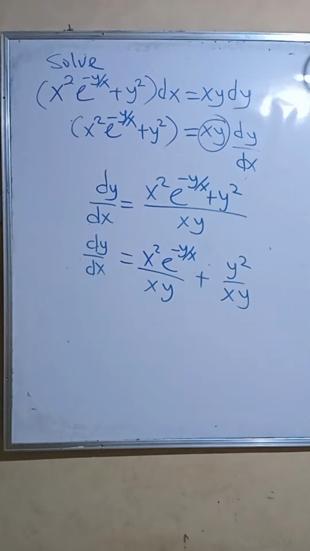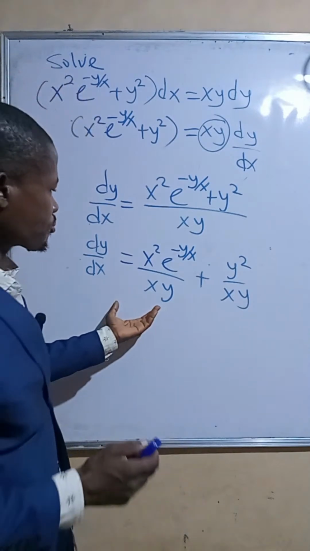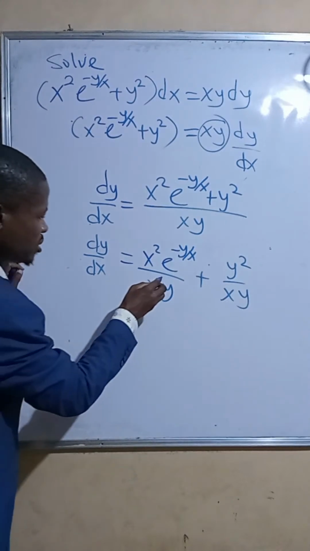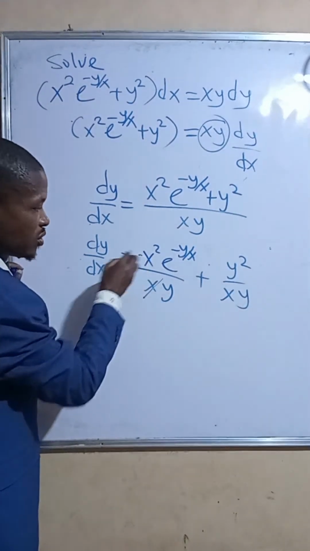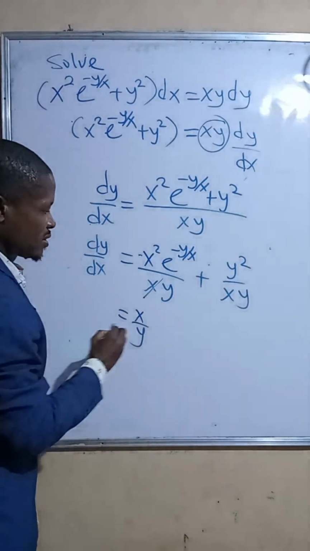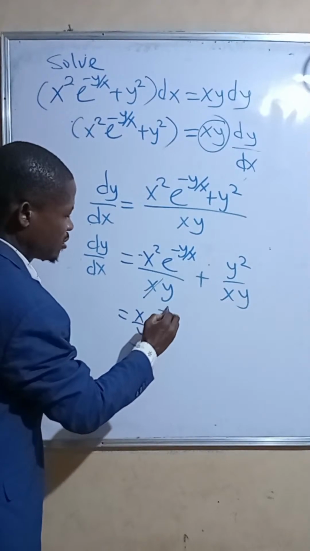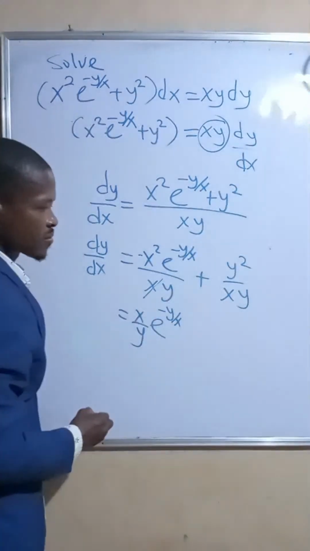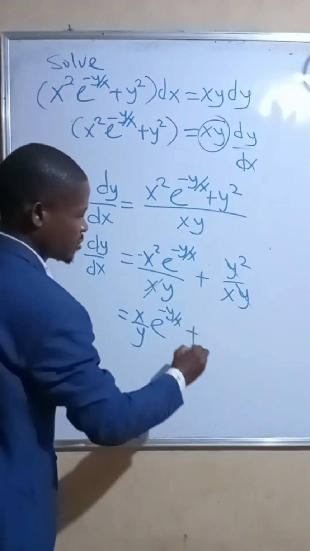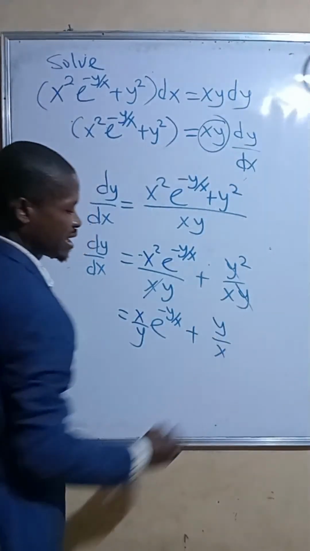So that's what we have now. The next thing to do now is, this one we cancel. We have 1 here, which is x over y, e to the power minus y over x. This one also, we cancel here, so we have 1 on top there. That's y over x.